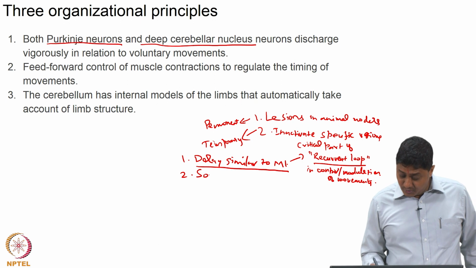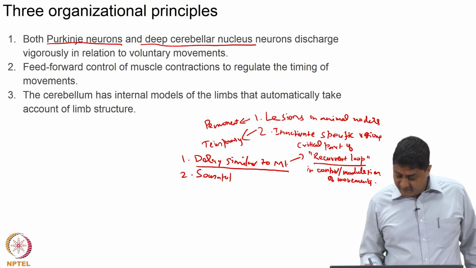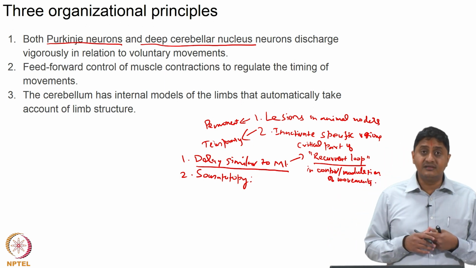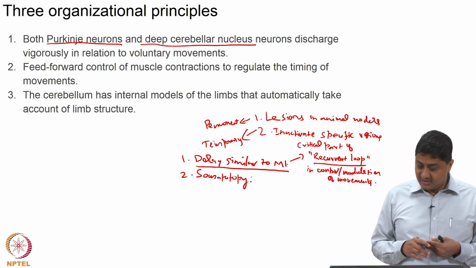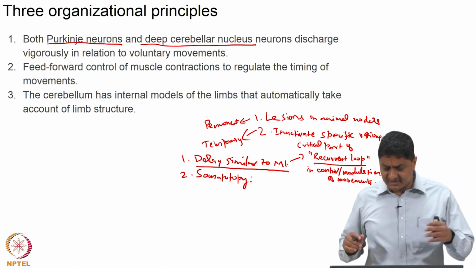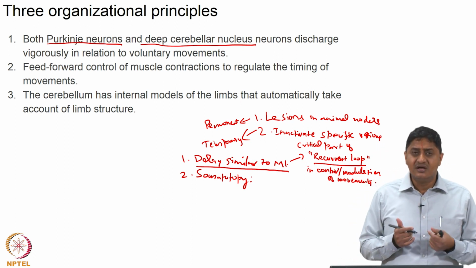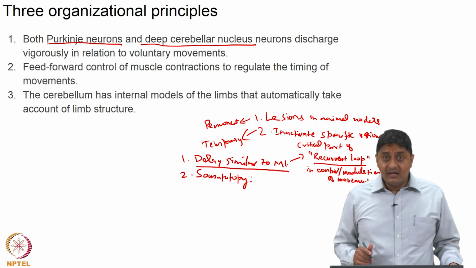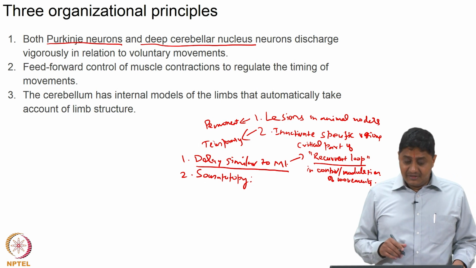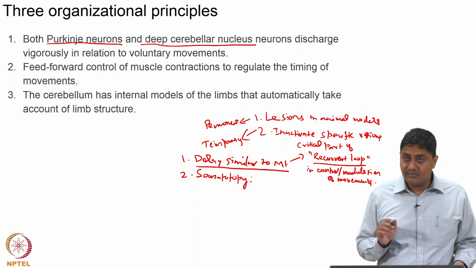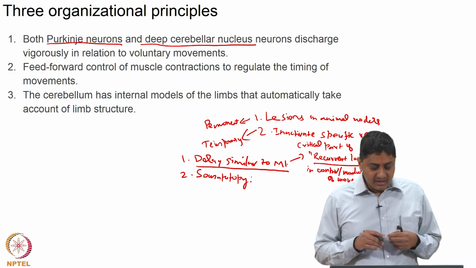Two is somatotopy. We have seen this earlier that there is somatotopy in the primary motor cortex. We have discussed this, this is Penfield's map, we have discussed in great detail to what extent is the primary motor cortex somatotopic. It turns out that the deep cerebellar nuclei are also somatotopic, but slightly different from that.